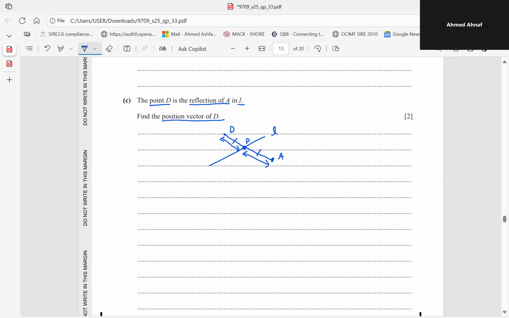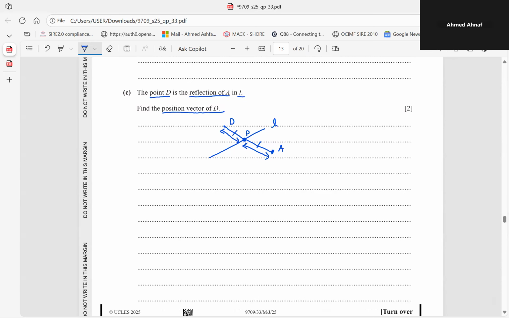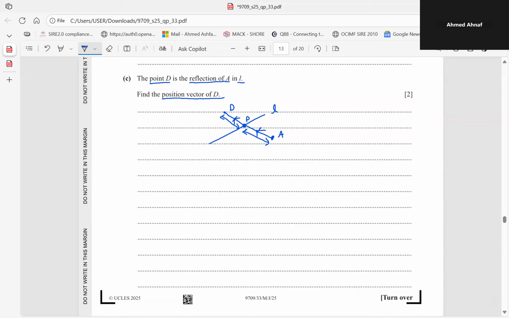And therefore, you can also say that the vector AP is equal to the vector PD, since they are collinear, they have the same magnitude, and they are going in the same direction. Okay, so AP is equals to PD.